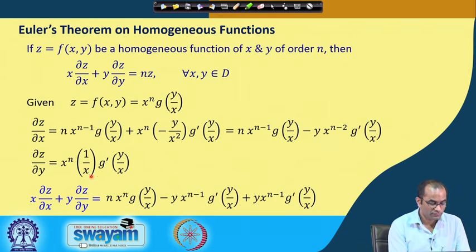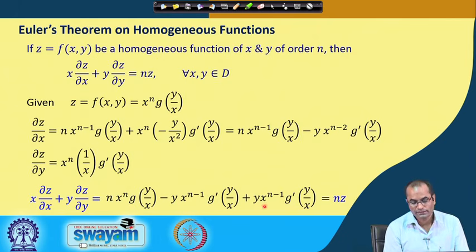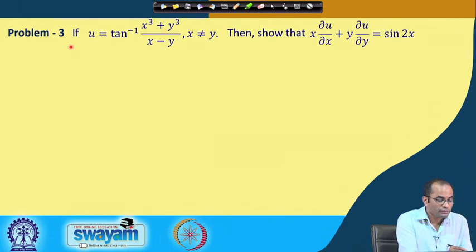So, this is x power n minus 1 times y, and then these two terms will get cancelled, and we have n x power n g of y over x. And what was x power n g of y over x? This was z, or the function f(x, y). So, here these terms cancel out, and then we get simply n into z. So, the problem number 3.